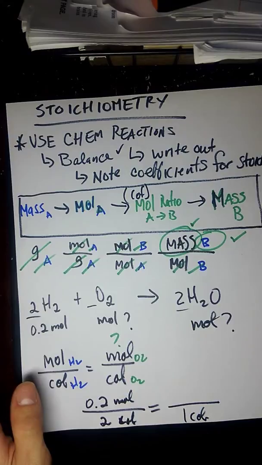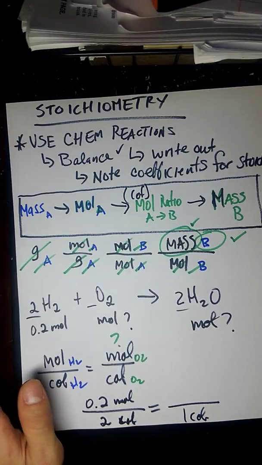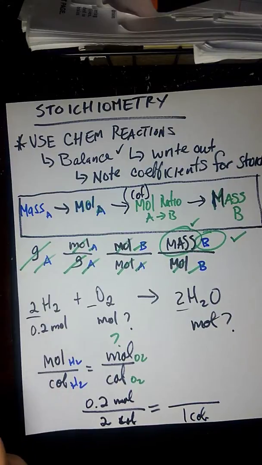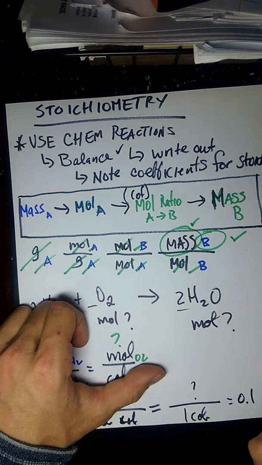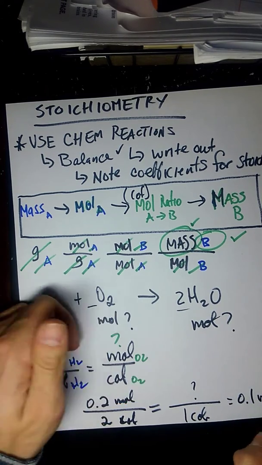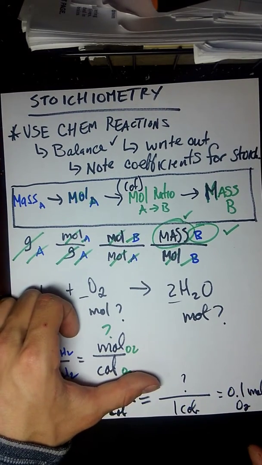What this is basically going to do is divide by 2. I'm literally just taking 0.2 and dividing it by 2, and it's a very simple problem here. So it's just going to get me 0.1 moles of O2 needed. So that's how this one works.